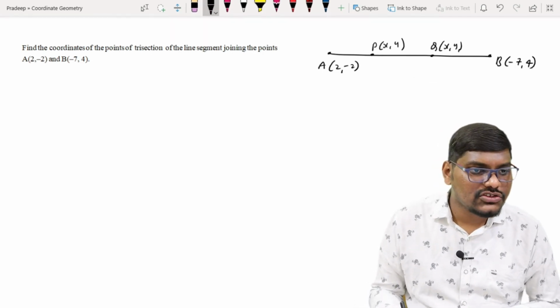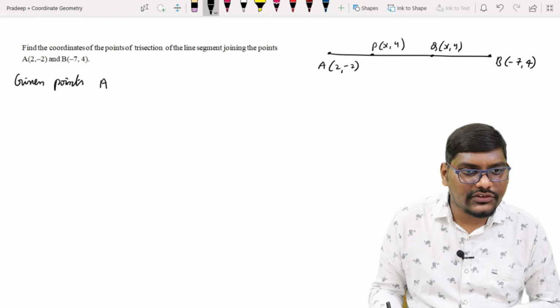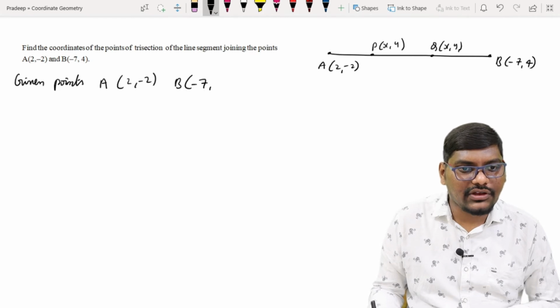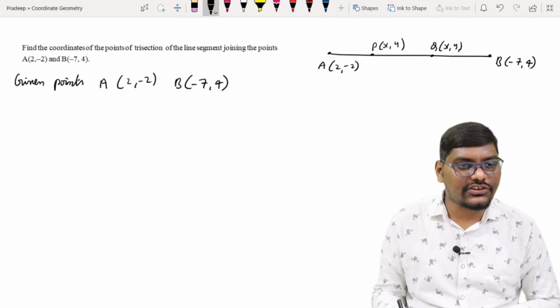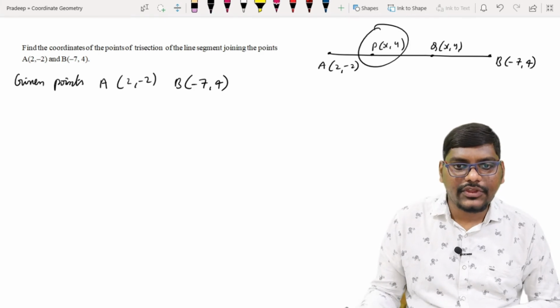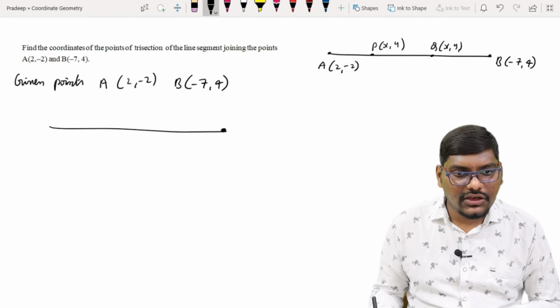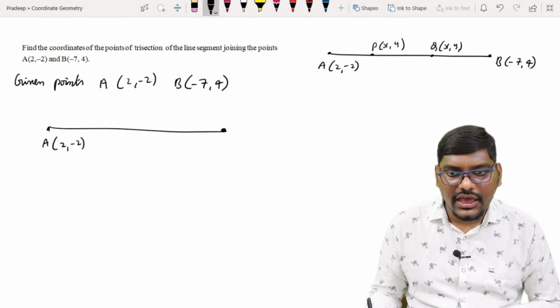For that we can write the given points. A is 2 comma minus 2, and B is minus 7 comma 4. The section formula, first we'll find out for P. So I can draw the line like this. This is point A, 2 comma minus 2, and point B, minus 7 comma 4.